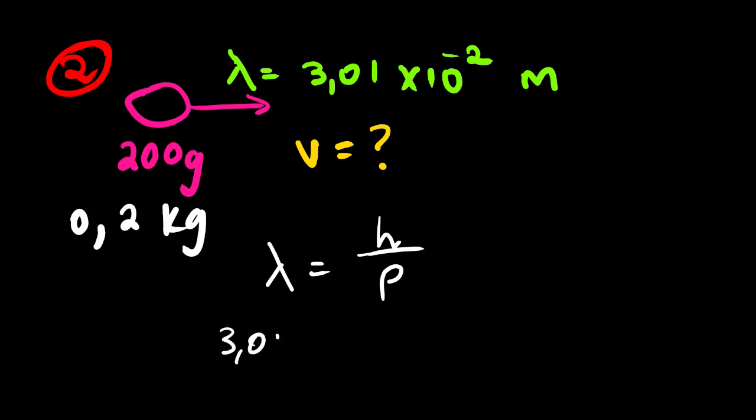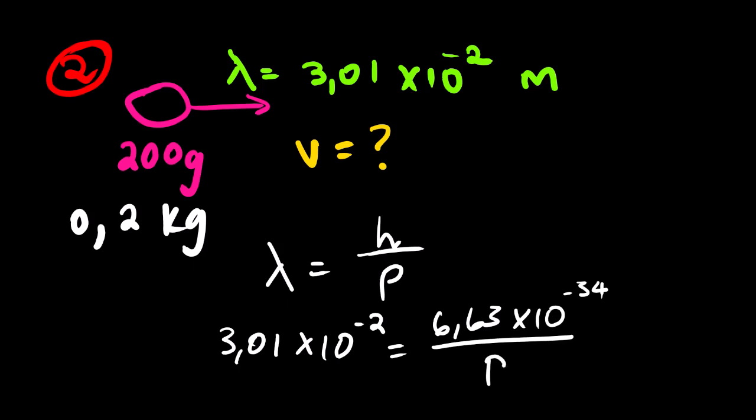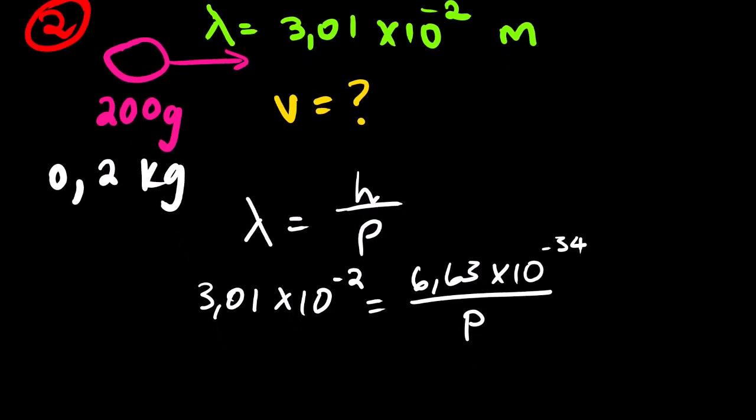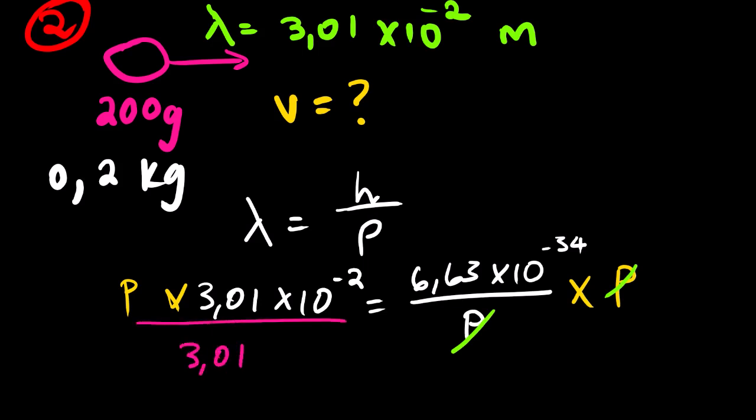So we have 3.01 times 10 to the power negative 2 equals 6.63 times 10 to the power negative 34 divided by the momentum. So when you cross multiply, or multiply each and every term by the term causing the fraction, multiply by p both sides, this will get rid of this. Then we divide by 3.01 times 10 to the power negative 2 both sides.